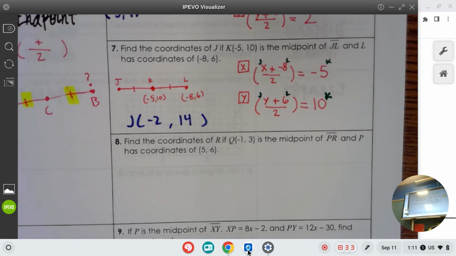So write this formula, and you're going to want to take X, put 2 there, equals 9. So this would be the 2 ends, and the middle, whichever one is the midpoint, Q is the midpoint.